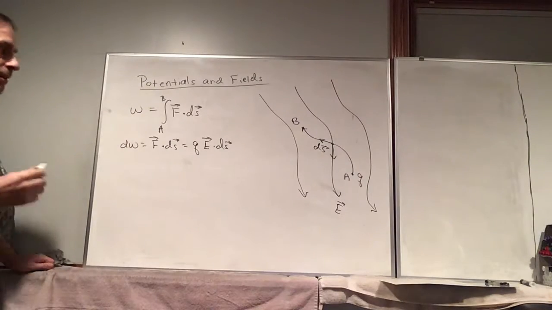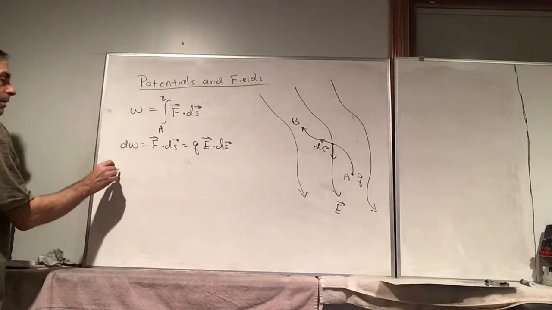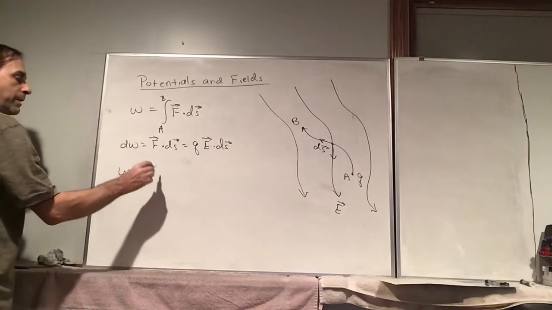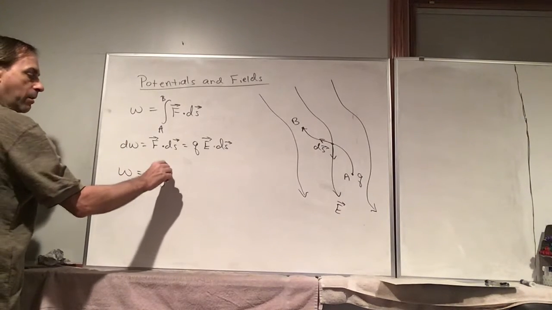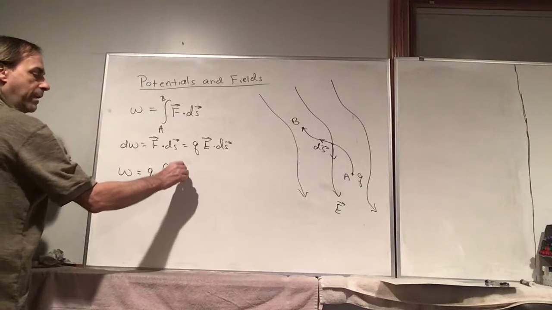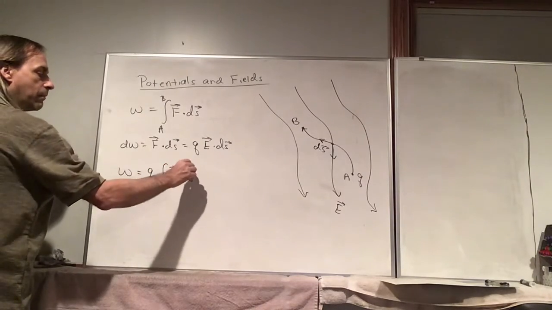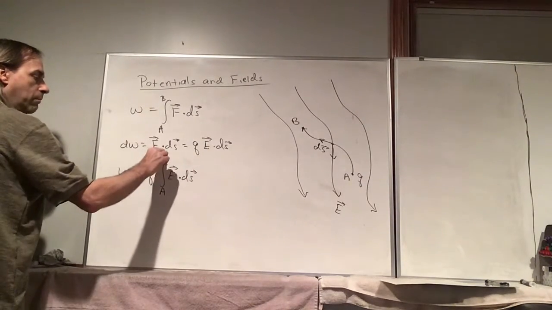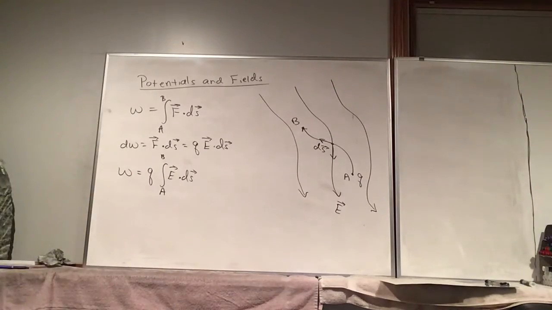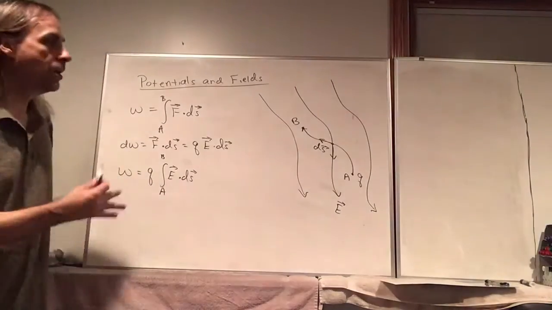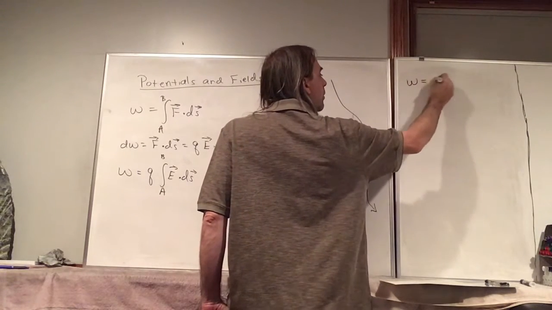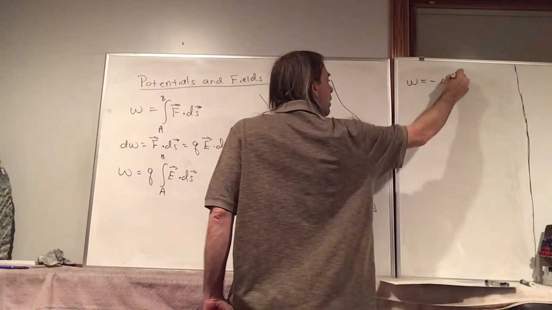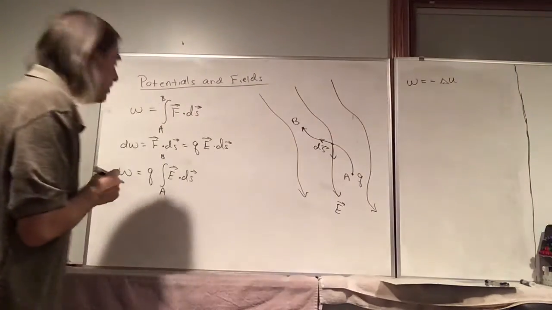And so if we integrate over the entire path, work is equal to Q times the integral of E dot ds, going from A to B. Now remember, work is equal to minus the change in potential energy.